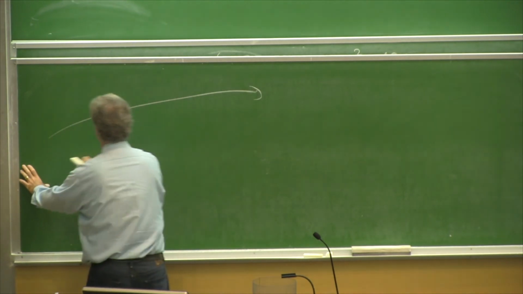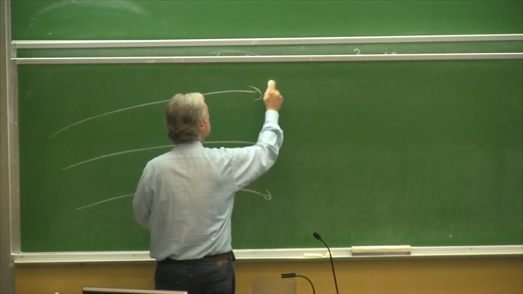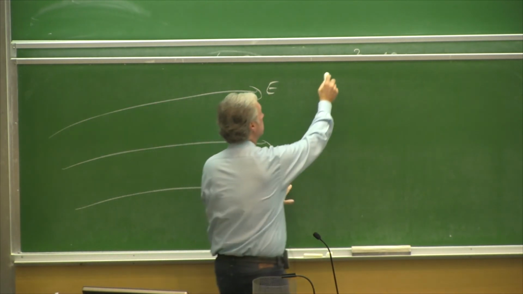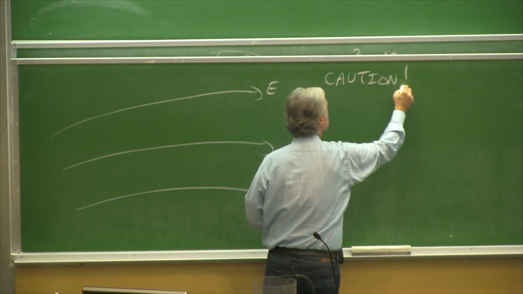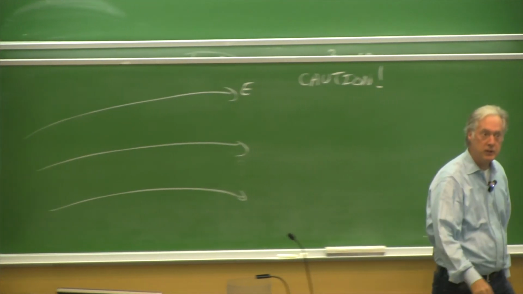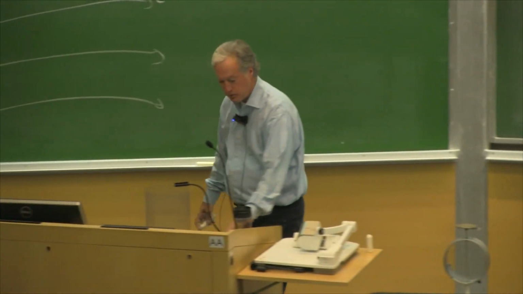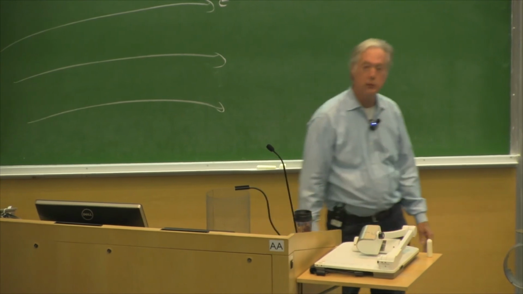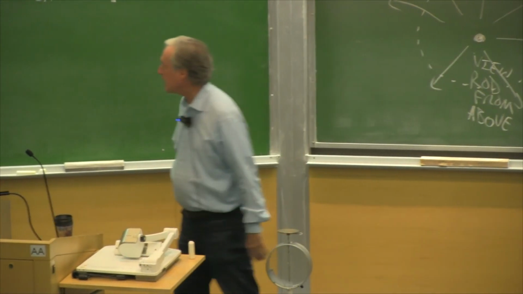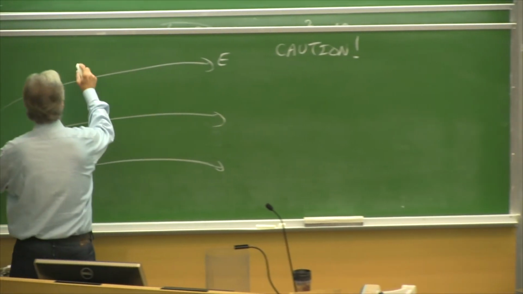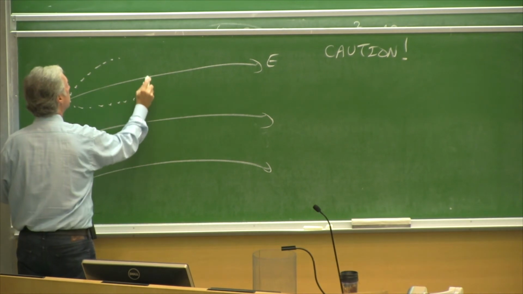Suppose we have some electric field. So this is a caution. Here is some electric field. And for that electric field, I want to imagine an enclosed surface. It's my choice, right? Here's an enclosed surface.